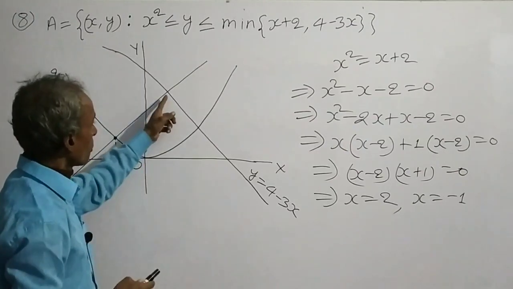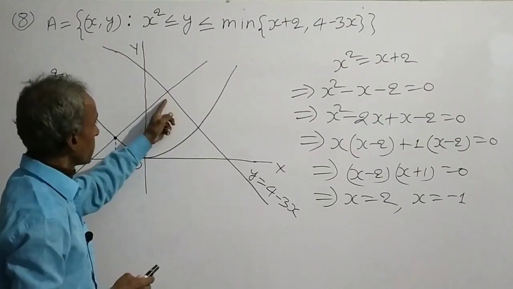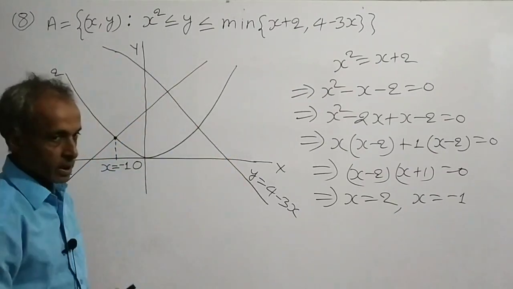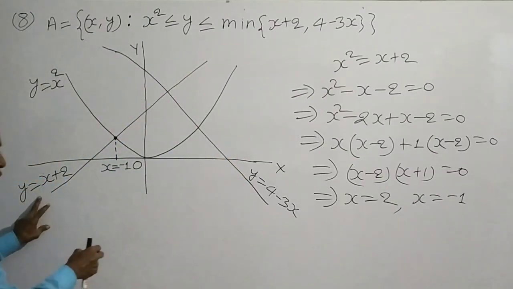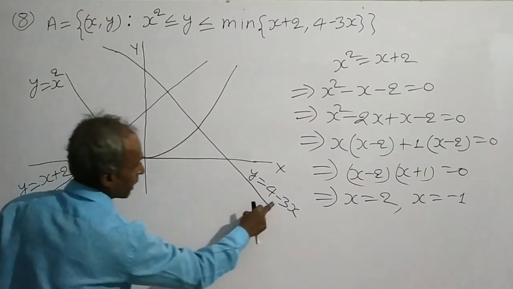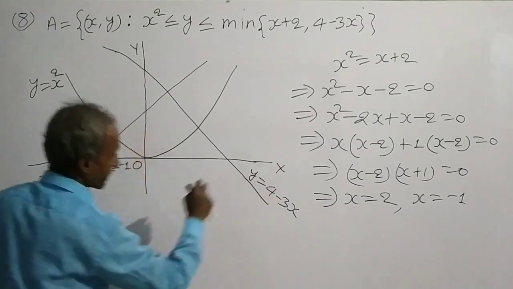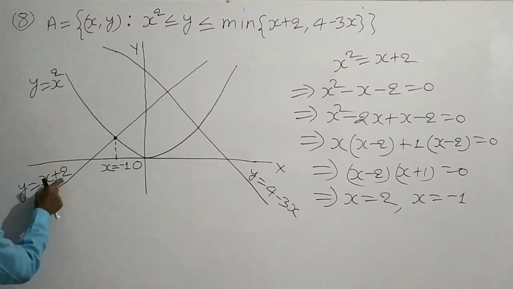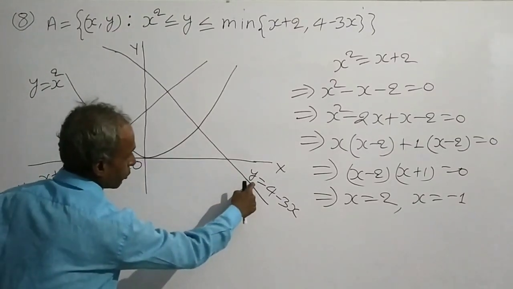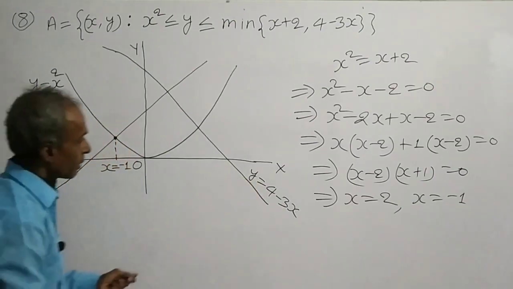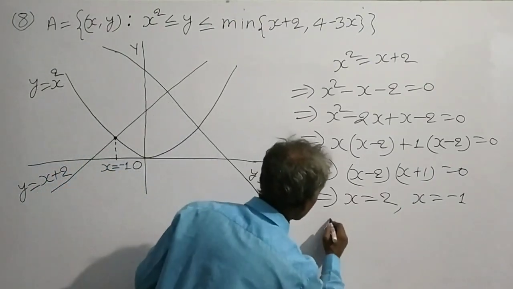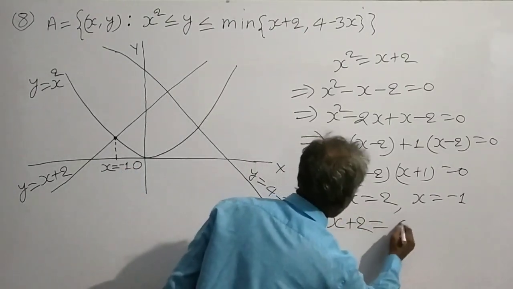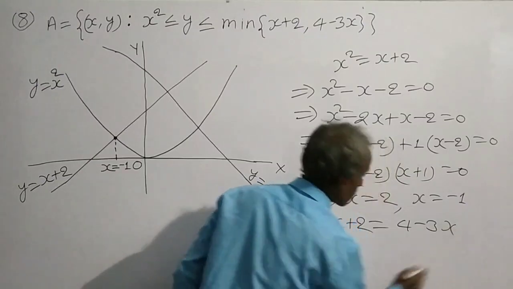Now we want to find the point of intersection of this line and this line. For this purpose, we will solve the equation of these two lines. Putting x plus 2 in place of y in this equation, we get x plus 2 is equal to 4 minus 3x.